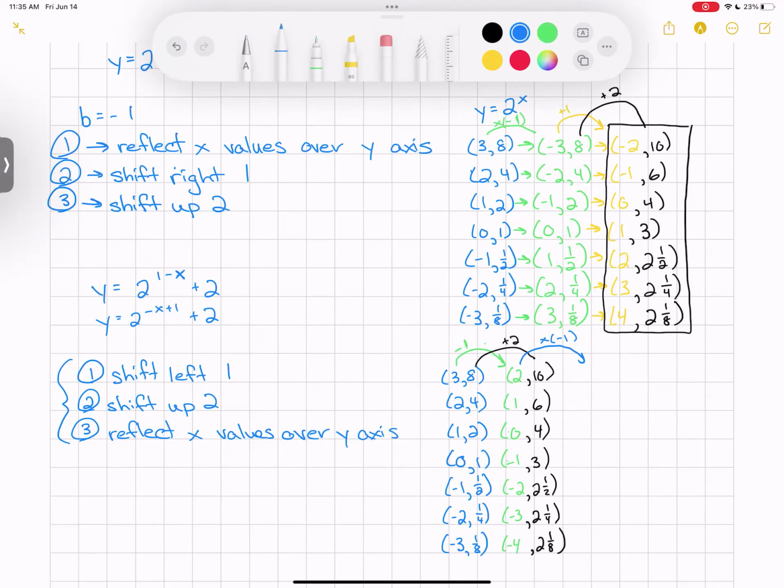We're doing step 3 where we reflect our x values. So we're multiplying all of our x values by -1. And we do nothing to our y values. Whoops, what am I doing? Do nothing to your y values.